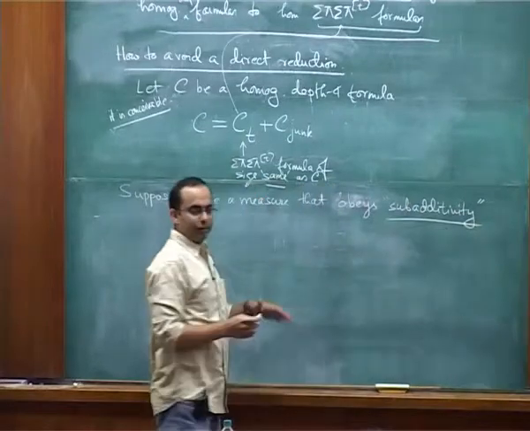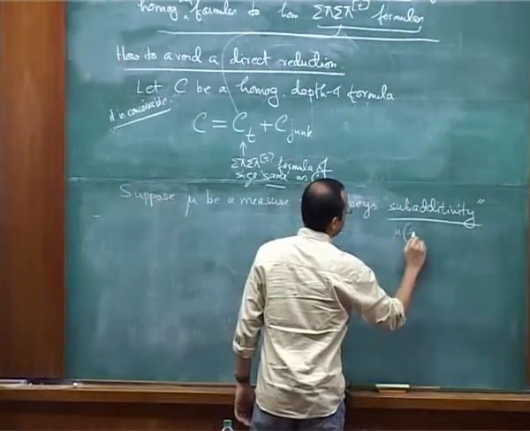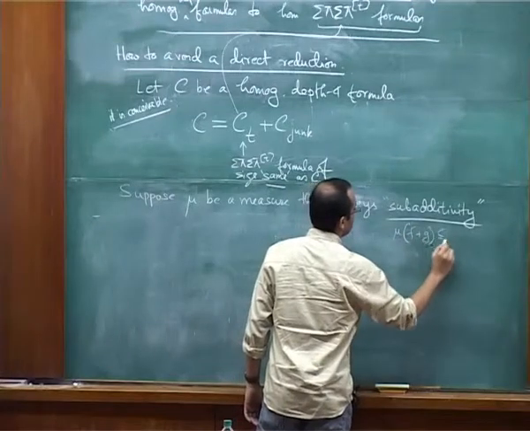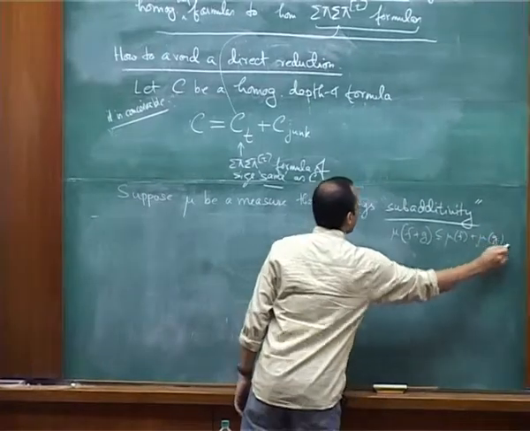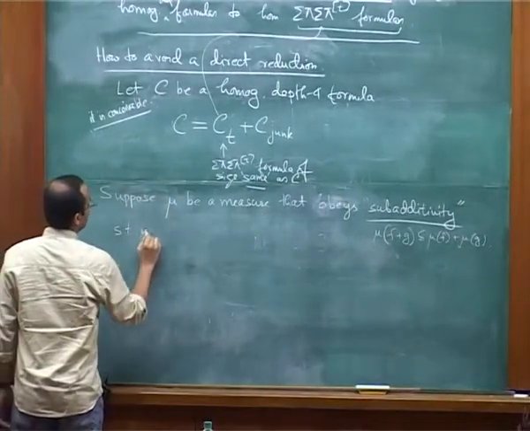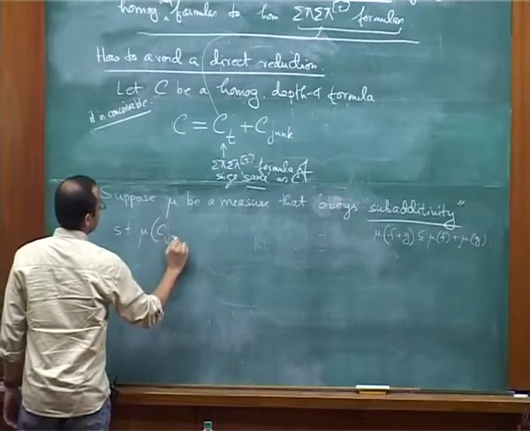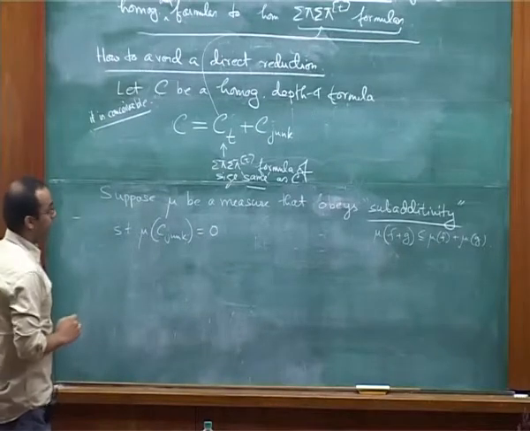By subadditivity, I mean the property that mu of f plus g is bounded by mu f plus mu g, such that mu of C junk is 0, let's say. Then what happens?